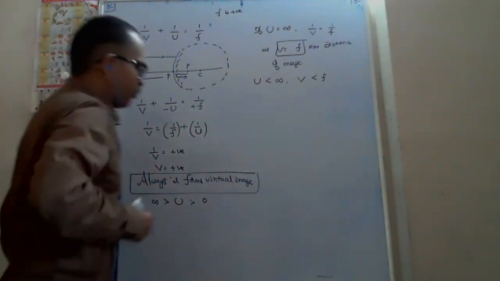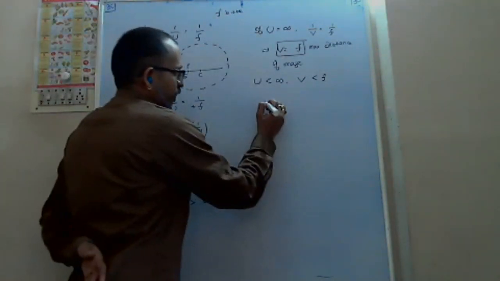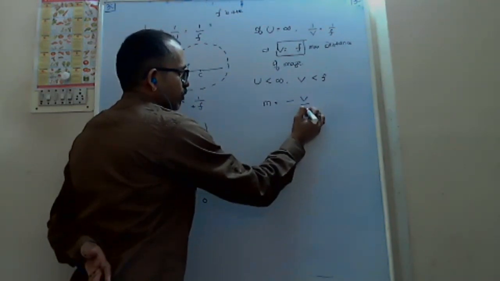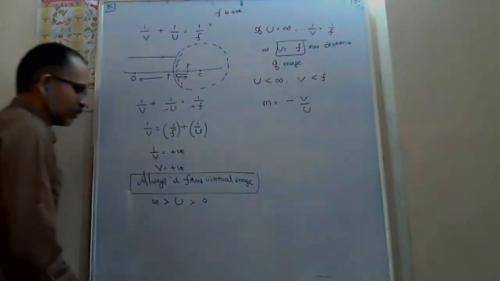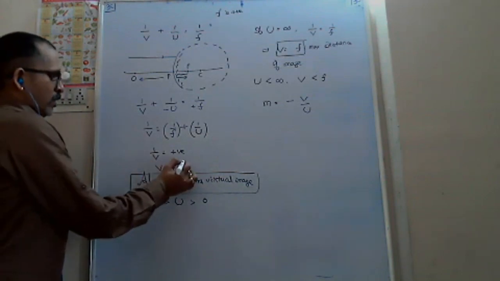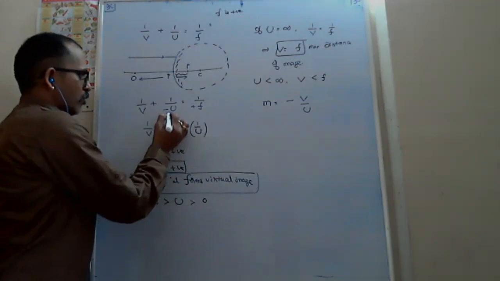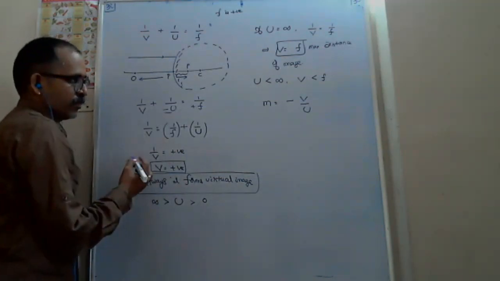That's why the magnification, by our formula, is M equals minus V by U. V is always positive and U is negative.